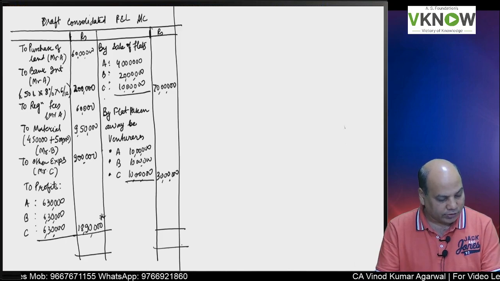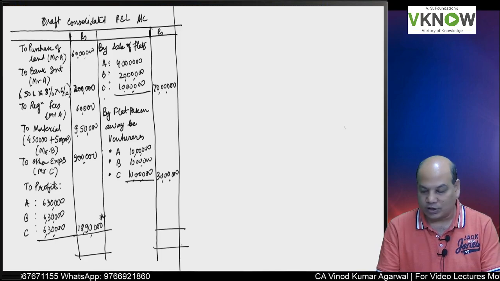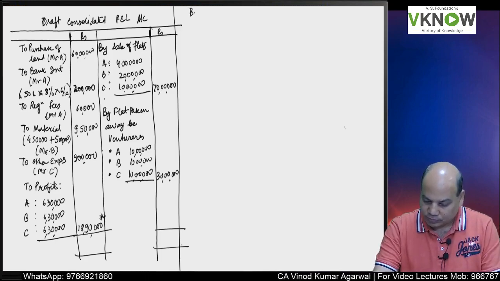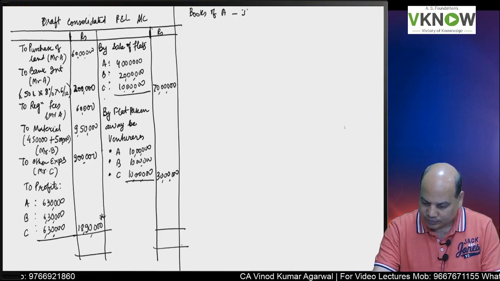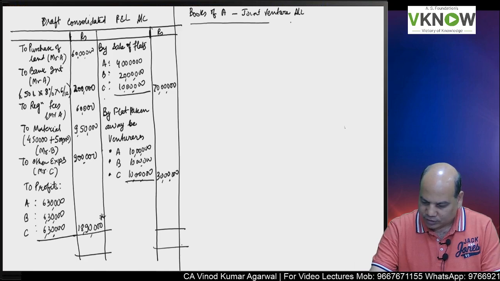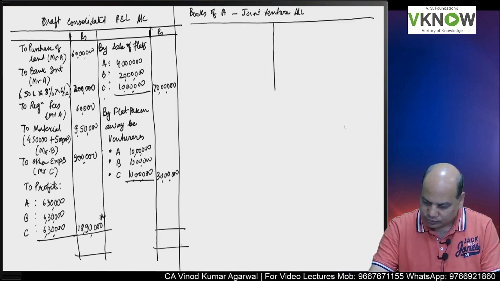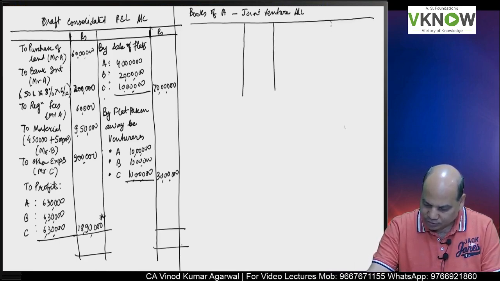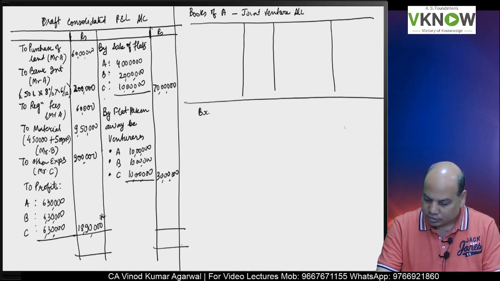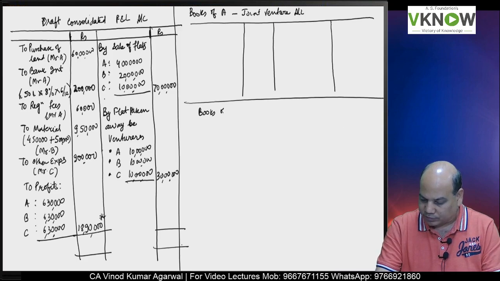Now the next question is, prepare joint venture account in the books of each venturer. So we'll prepare books of A, joint venture account. Whatever transaction they have entered into with respect to joint venture, they are going to record it. So first you draw the 3 formats.